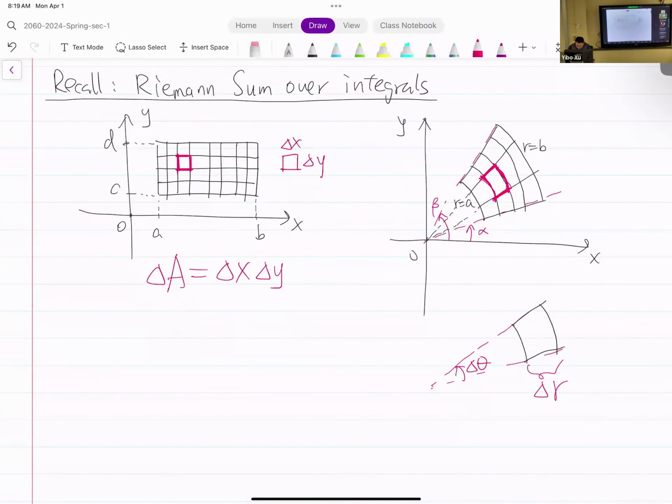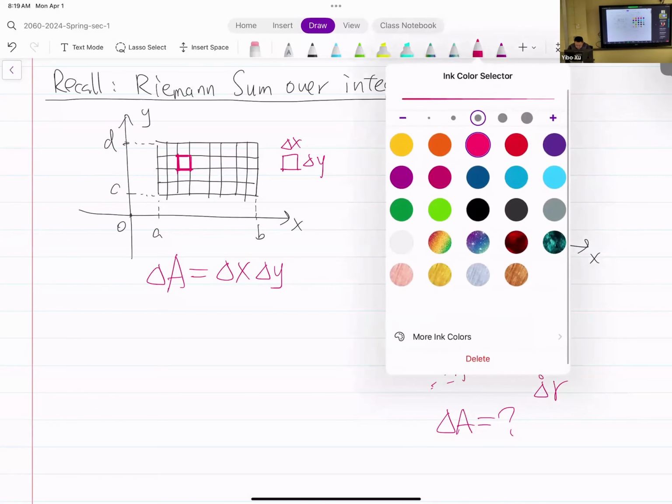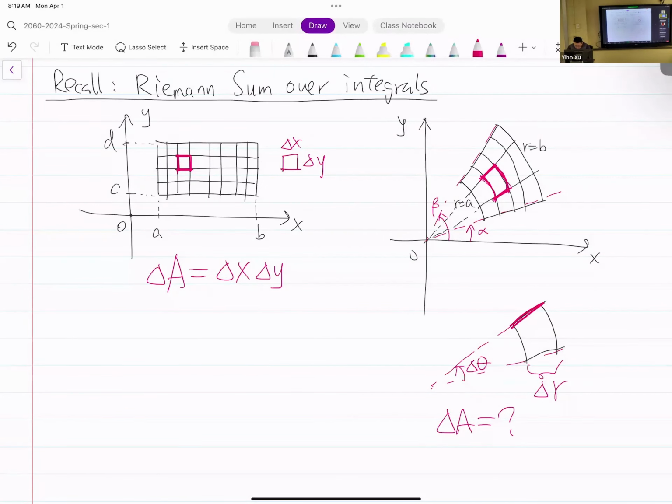So here our question is the following. We want to look for the area of the subdivision right here. The region is exactly the region enclosed by the two rays and the circular curves. How do we calculate or estimate this surrounded region?